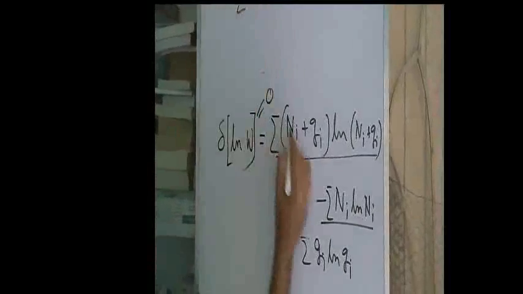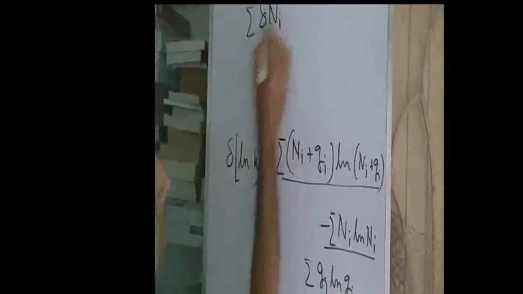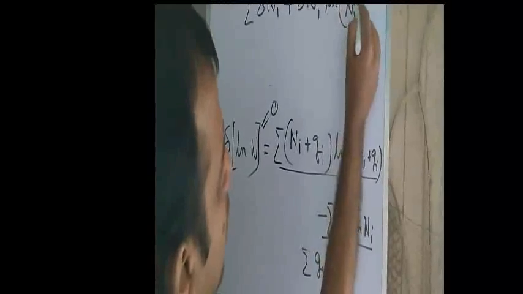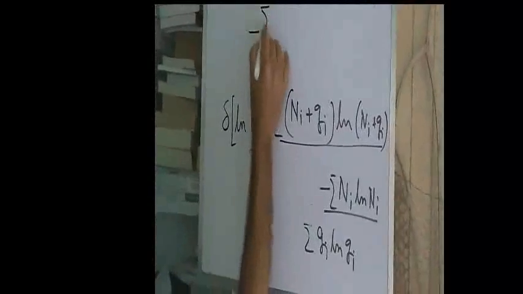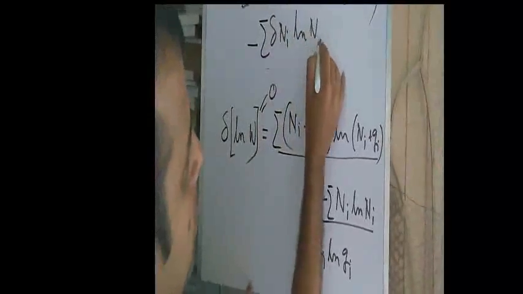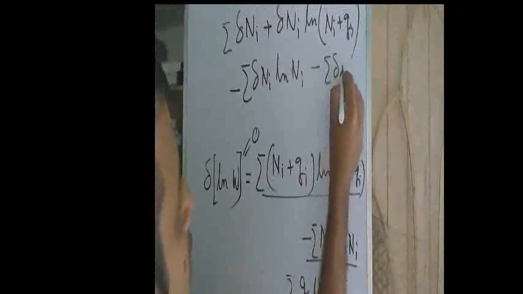Taking the derivative, the sum gives 1 by (ni plus gi) delta ni, plus delta ni ln (ni plus gi), minus delta ni ln ni, minus summation delta ni.